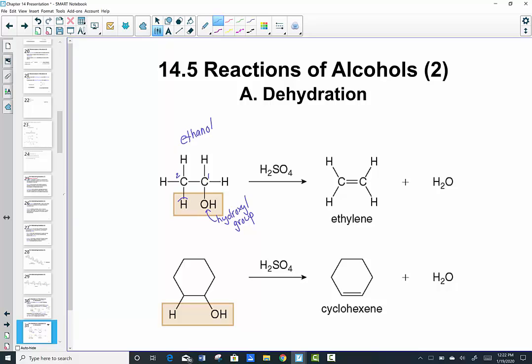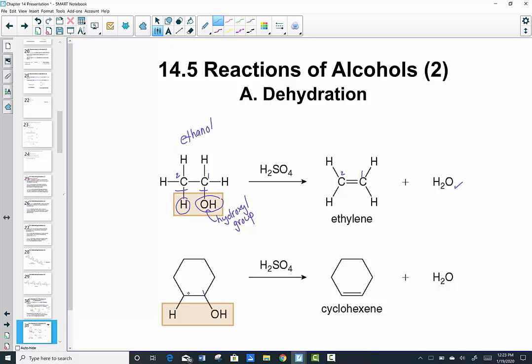So we need an adjacent hydrogen next to the carbon that's attached to the hydroxyl group. We break these single bonds and form a double bond between carbon number 1 and 2. Removing an HOH is a dehydration. Water is the product, and now we've formed a double bond in what was once a saturated hydrocarbon.